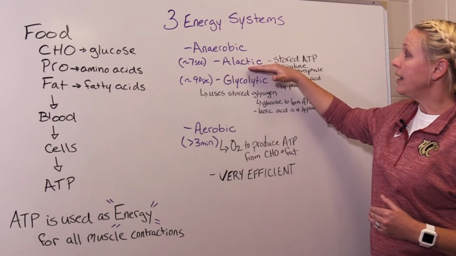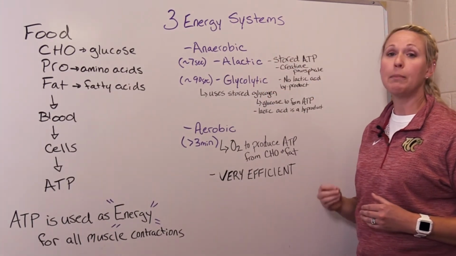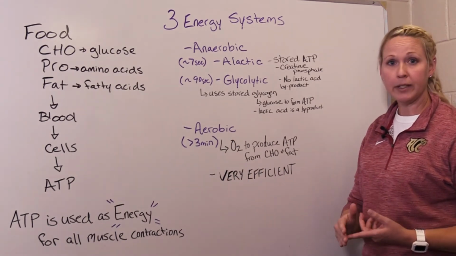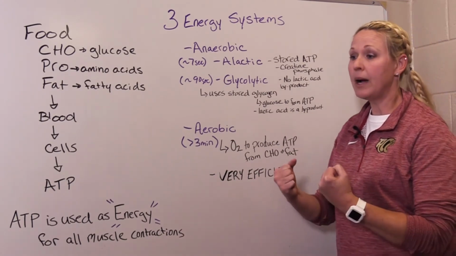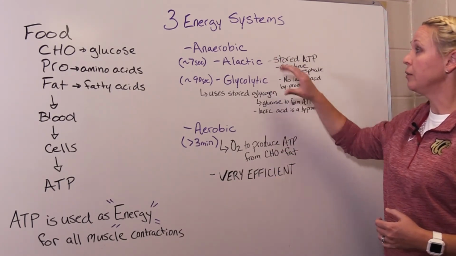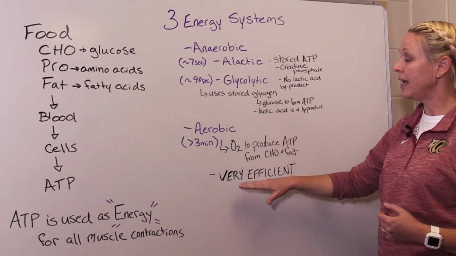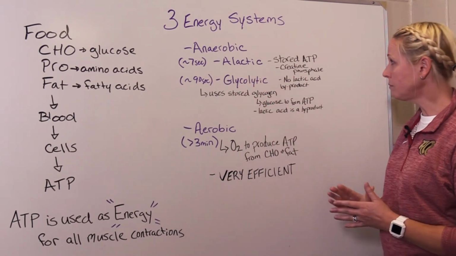Typically, you use the alactic or the anaerobic systems and the glycolytic system when you're doing short, powerful movements. So a short sprint or a weightlifting activity, or if you're a football player doing a powerful block, you would be using your anaerobic systems. The aerobic system is more efficient, and it is used for anything 3 minutes and greater.